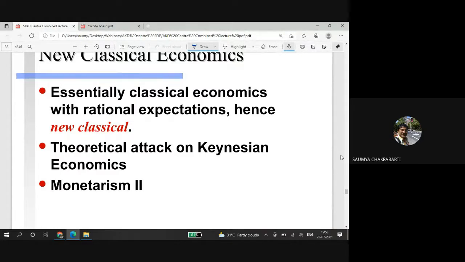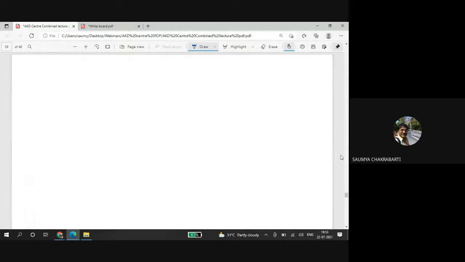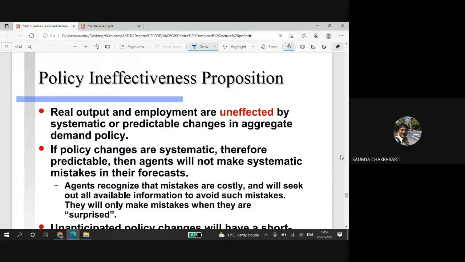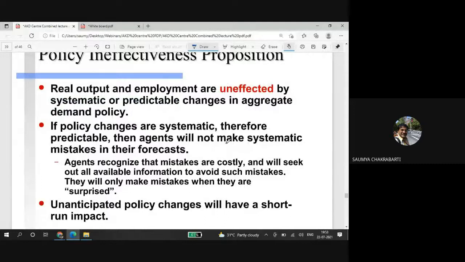But rational expectation with unanticipated sudden shock could be termed monetarism 1 once again, or monetarism 3. Then policy ineffectiveness or irrelevance, the famous result: real output and employment are unaffected by systematic or predictable changes in aggregate demand policy, monetary policy mostly.